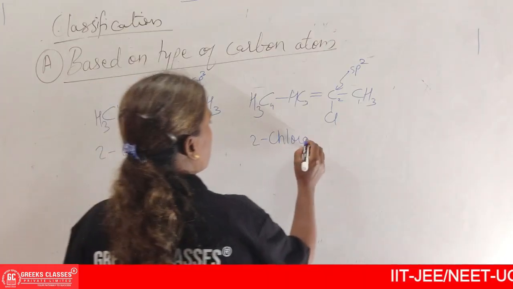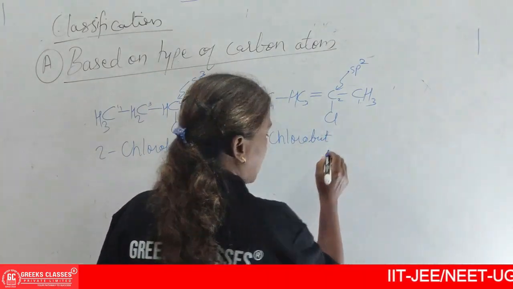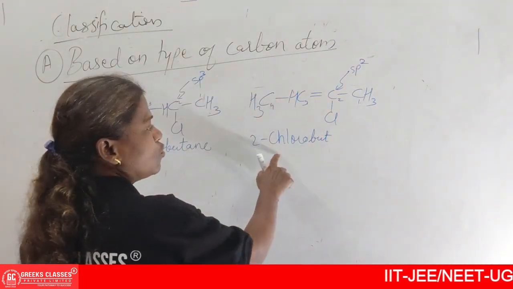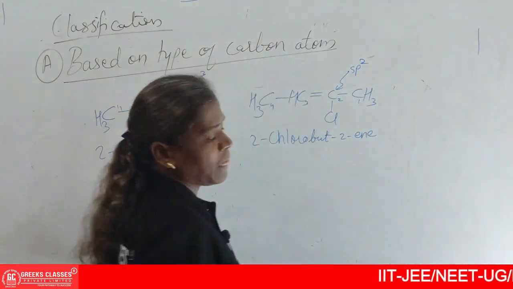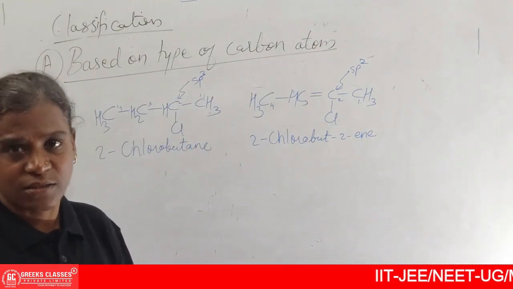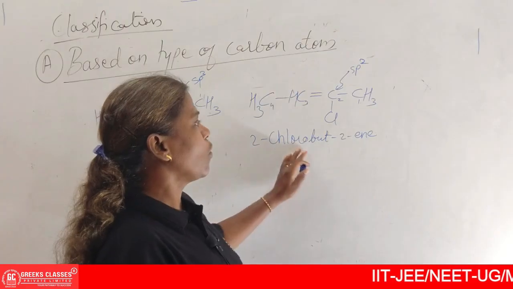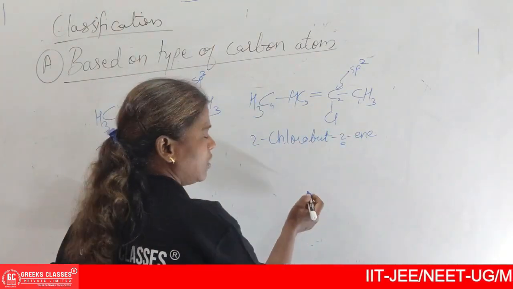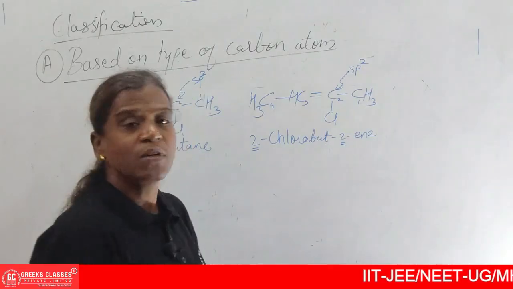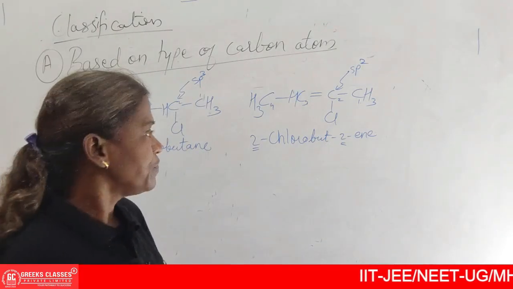So it is 2-chlorobut, because there are 4 carbons, 2-chlorobut-2-ene. I hope you are understanding this. So this is 2-chlorobut-2-ene. We have mentioned the position of the double bond and also the position of the substituent.